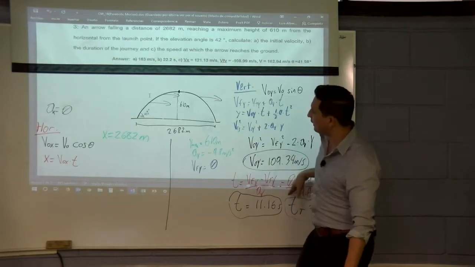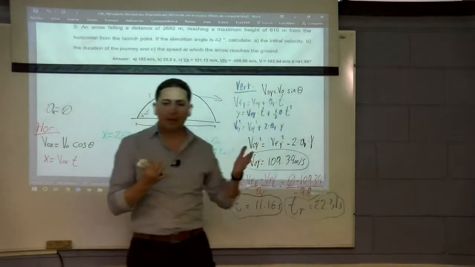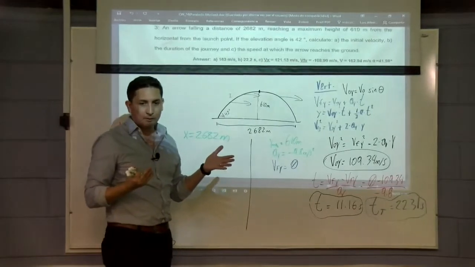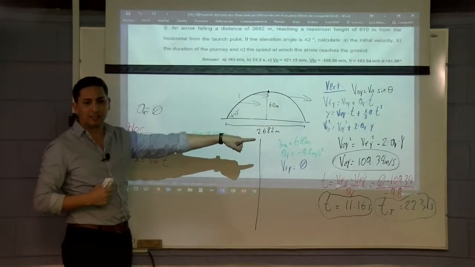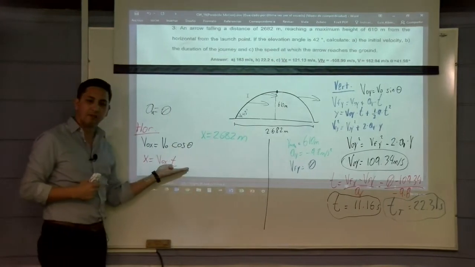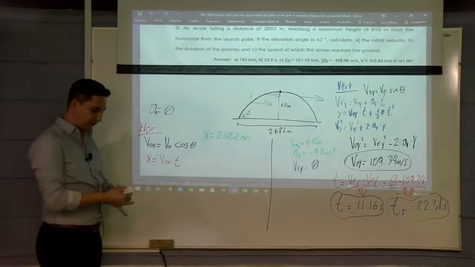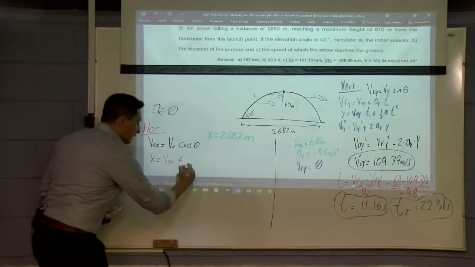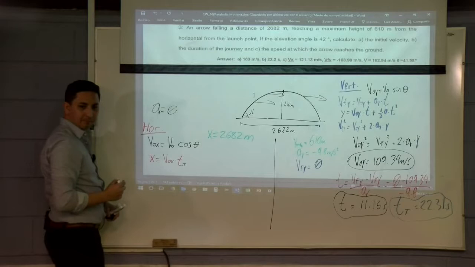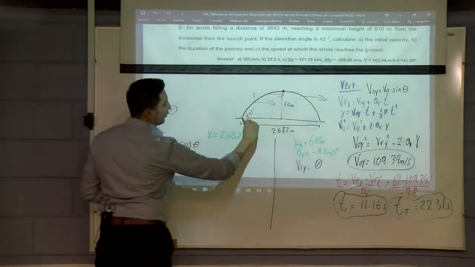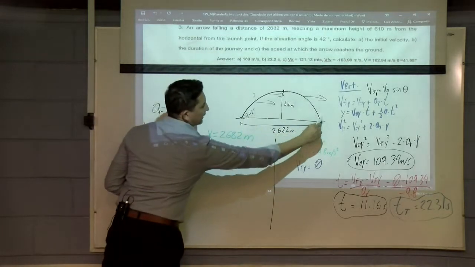22.31. With this time now, if you remember, I told you that the time is exactly the same in the vertical analysis as in the horizontal analysis. So the total time used here is the total time, because it's the time from here to here.